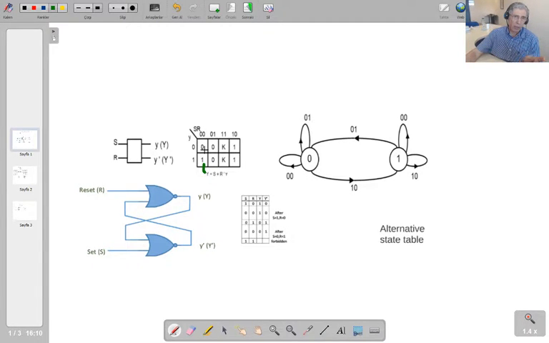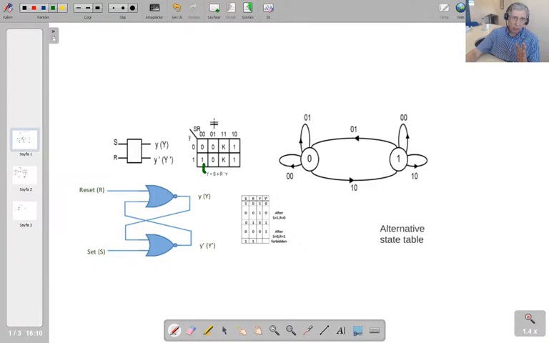If your present state is 1 and your input is 0, 0, then your next state is 1. So for the 0, 0 input, the state does not change. If it is 0, it stays 0. If it is 1, it stays 1.